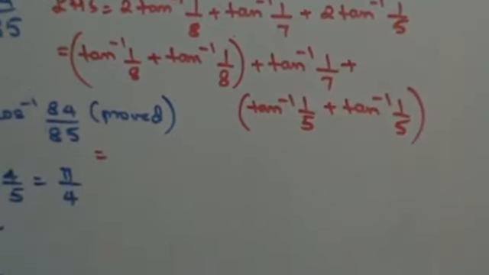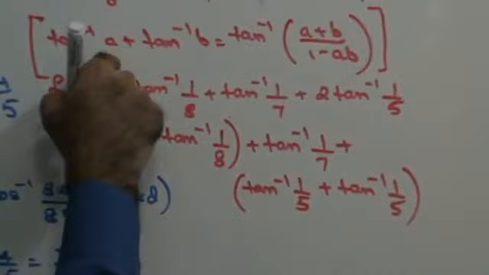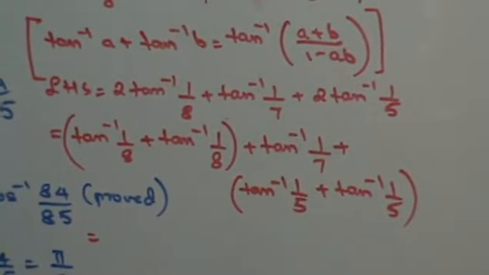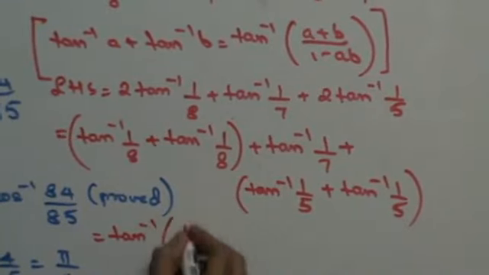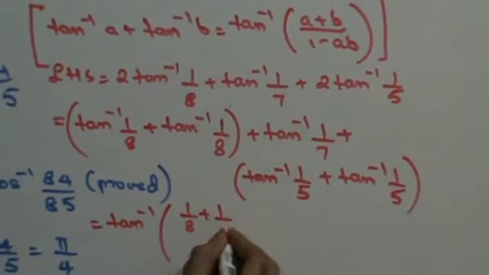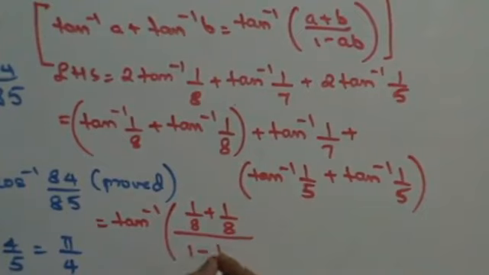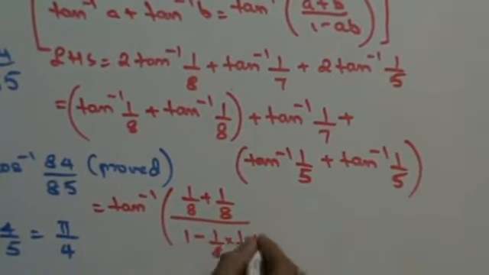Now, if I use the formula given up, I have written here, that's tan inverse of A plus tan inverse of B, this will be nothing but tan inverse of A plus B upon 1 minus AB.